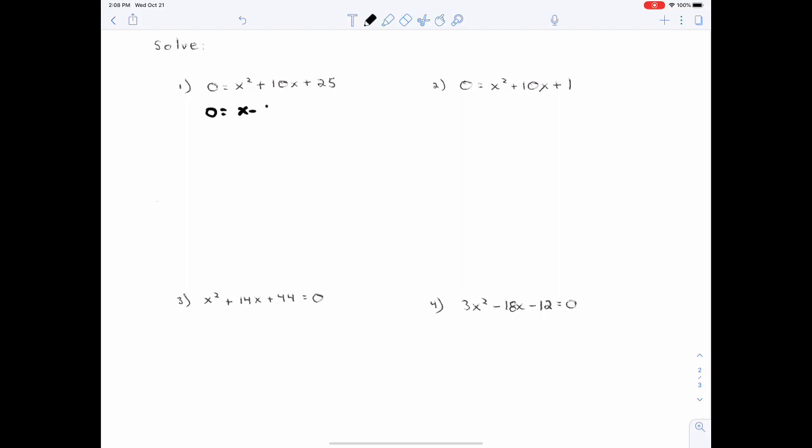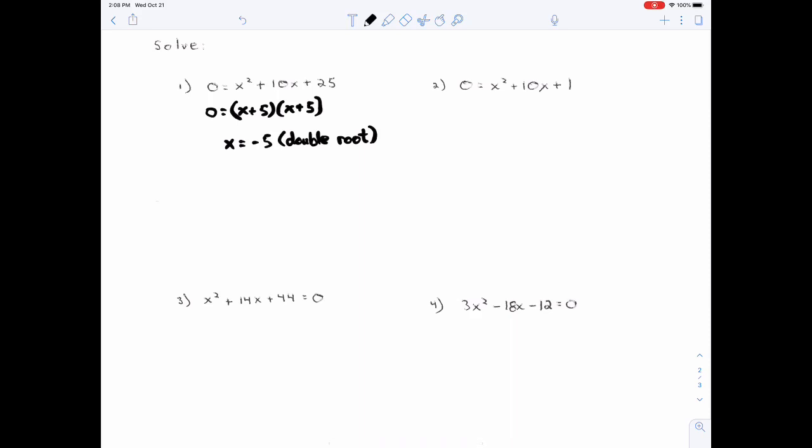So this is x plus 5 times x plus 5. And therefore, x equals negative 5. Now, it's negative 5 twice. You don't have to write it twice. But that's something called a double root. Or maybe it's also referred to as a double zero sometimes. That just means it's an answer twice.